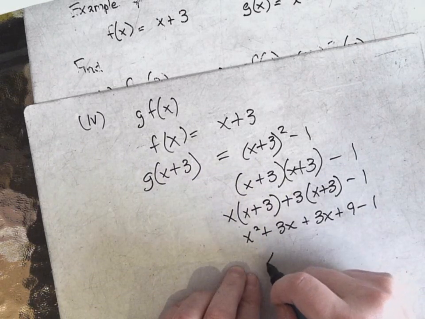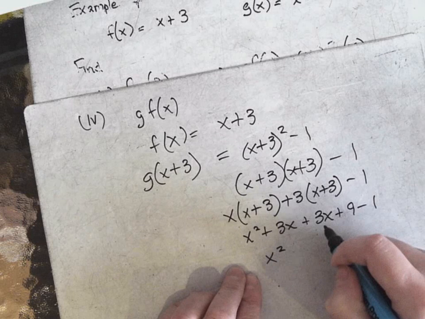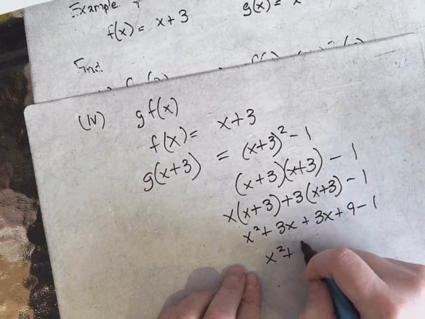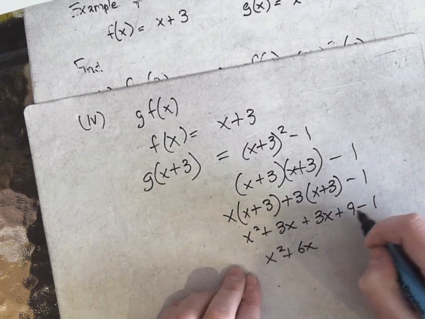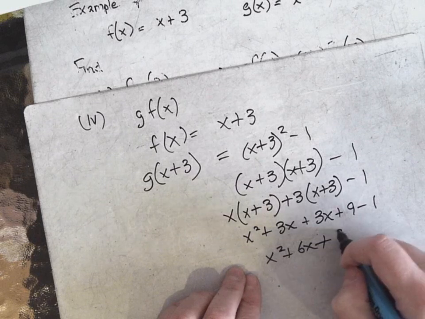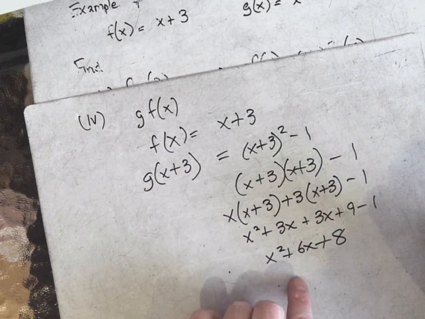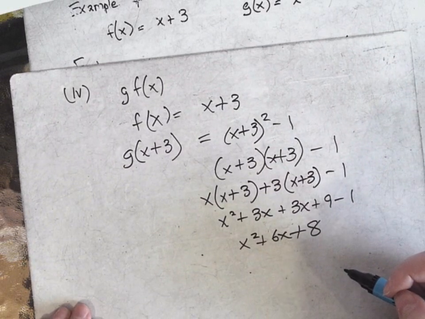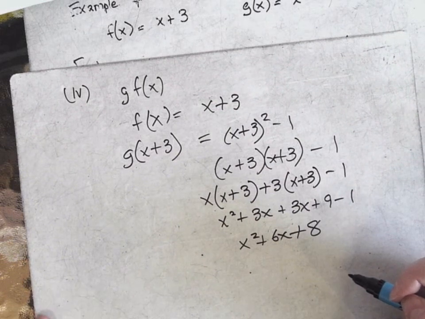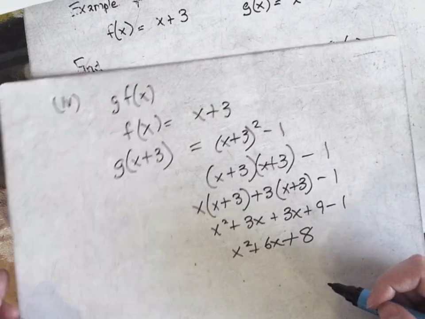Tidying that up, that's x squared, 3x and 3x gives me 6x, and plus 9 minus 1 will give me plus 8, and that's my overall answer for that bit. So again, pause it and write it down. Okay, that's example 1.